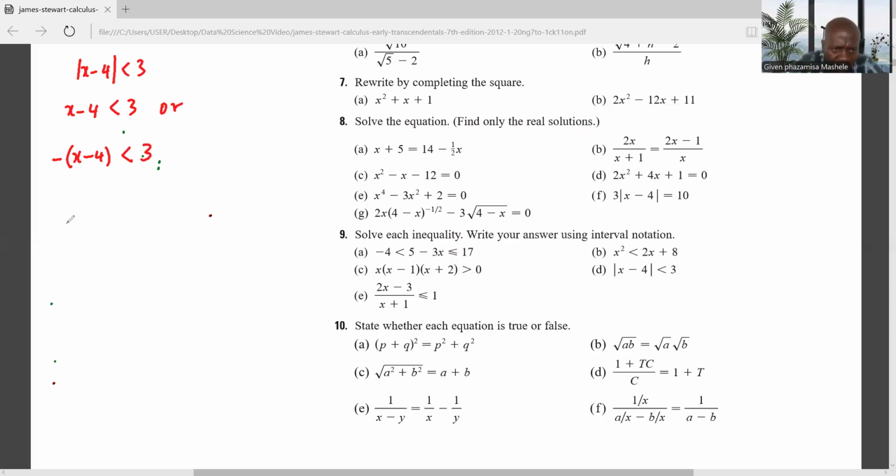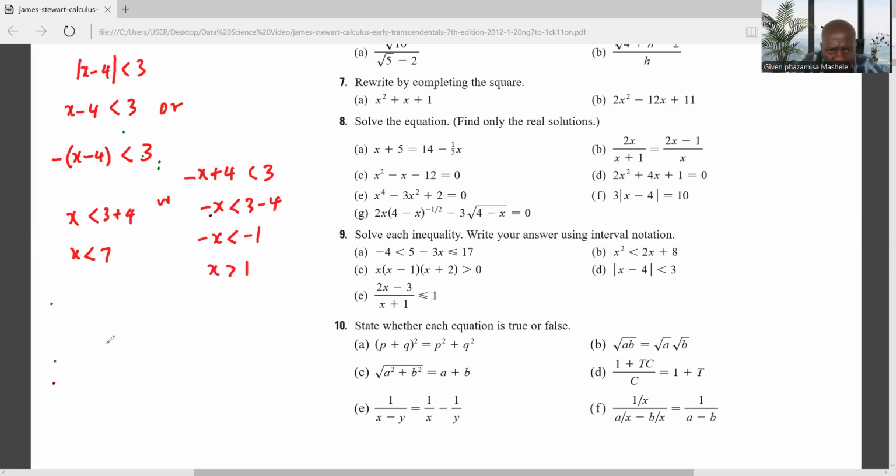Then we have x less than 3 plus 4, so x should be less than 7. And for the other one, let's multiply by negative: minus x plus 4 is less than 3. Then minus x is less than 3 minus 4, so minus x is less than minus 1, which means x should be bigger than 1.